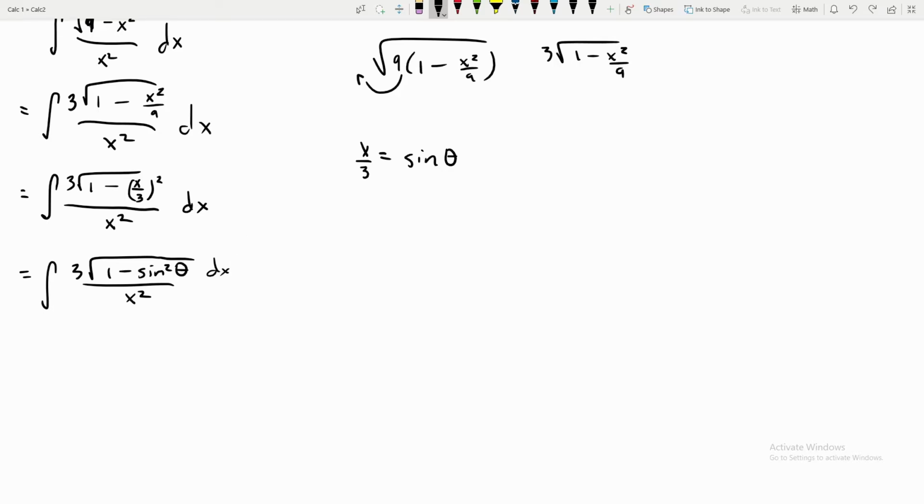And how would we do that? Well, we know that x over 3 is equal to sine theta, but what is x squared going to equal to? Well, we can just rearrange this real quick and say that x is equal to 3 times sine theta, and then x squared will equal this squared. So x squared equals 9 sine squared theta.